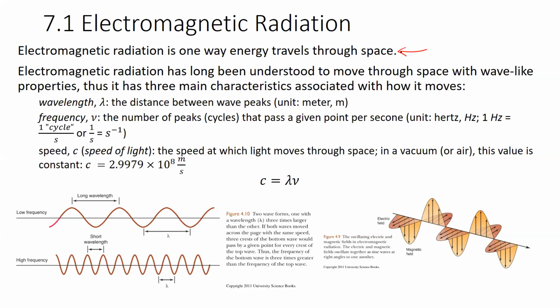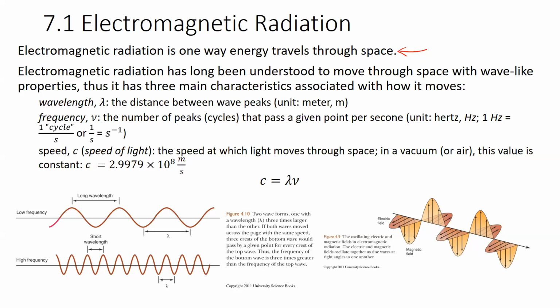Now, when we think about electromagnetic radiation, we can understand it in our experience as, hey, the light. When I turn a light on, the light moves from one place to another, illuminating a room. Energy is moving through space as that happens. The other ways that energy can move through space are things like when you lift something, you do work on something, right? You're moving an object, and so that object moves from one location to another because of the work that you put in.